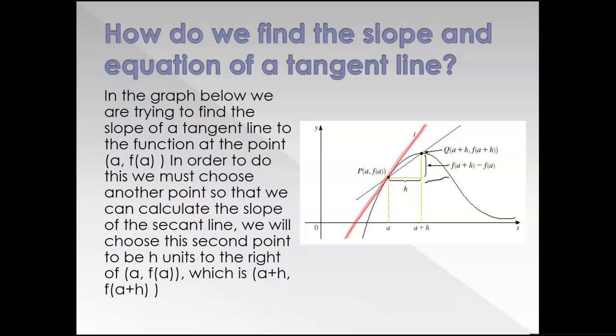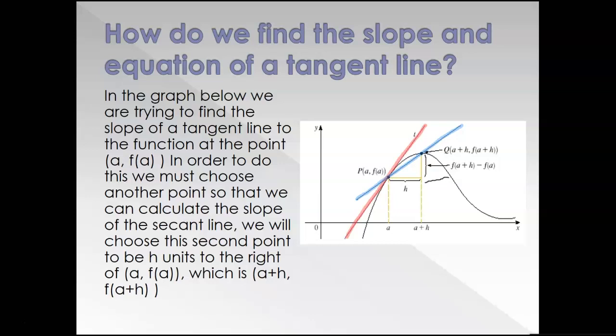In order to find the slope of that line, we are going to use the slope of another line called the secant, which is this blue line. So we're trying to find the slope of the red by using the slope of the blue.